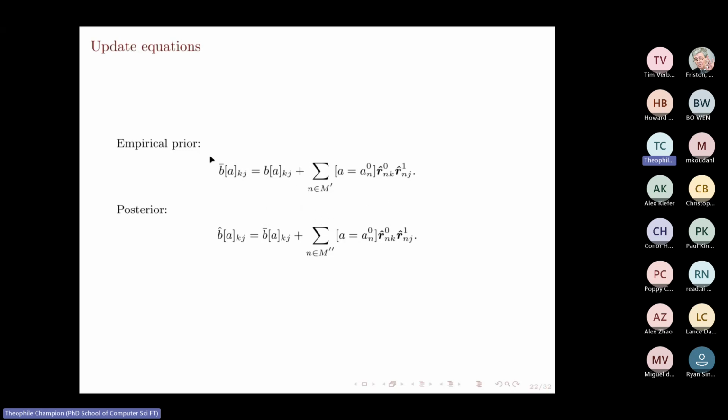So the way you compute the empirical prior parameters, which are over there, is just by taking the prior parameters. So this is the number of times we have already seen a transition from component K to component J when taking action A. And to that number, you are going to add the probabilistic count of how many times you moved from component K to component J when performing action A. But this count is only going to be performed over the data points that we are going to forget.